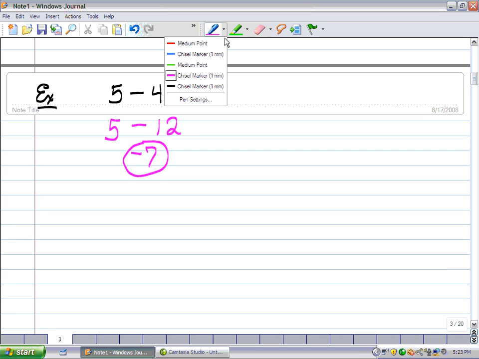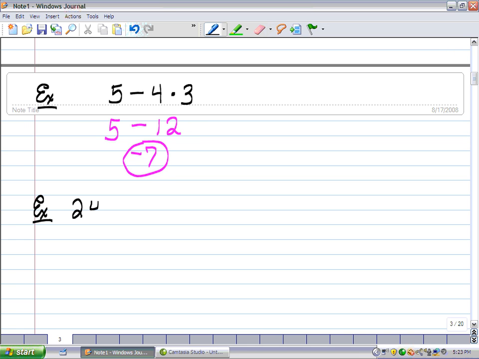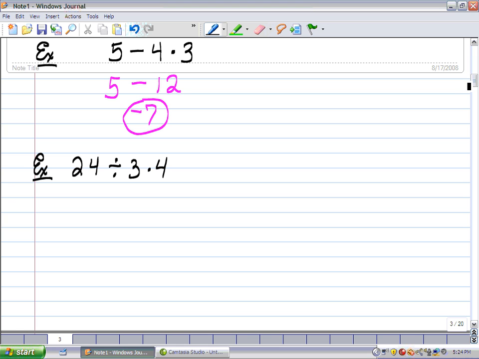Okay, let's go on to the next level of operations. And try 24 divided by 3 times 4. Now multiplication and division are on the same level. We do the one that is on the left or the one that comes first.